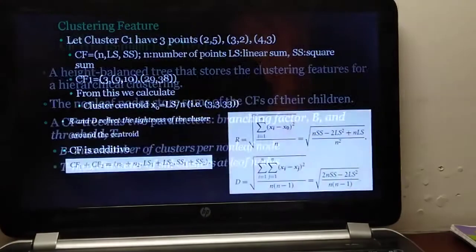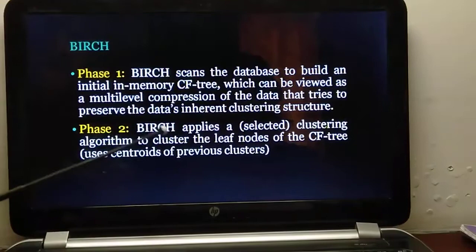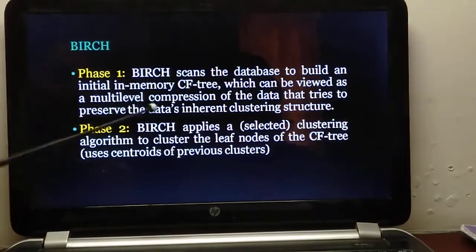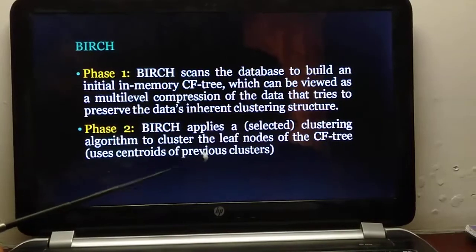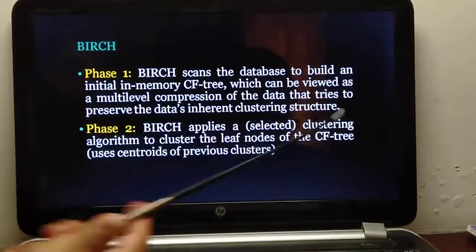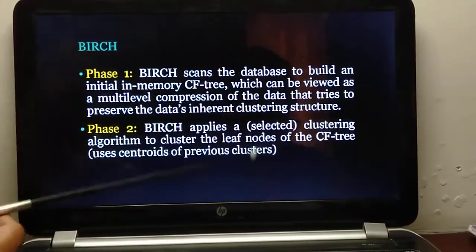Once that is finalized, there are no changes in the centroid values, and the tree remains the same without any changes, then we use any particular clustering method. You can use the agglomerative method or the divisive method.